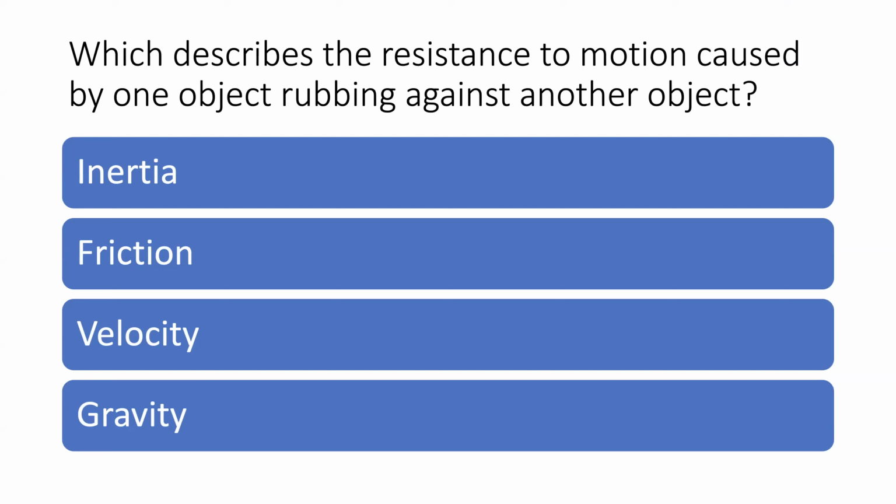Well, it's a resistance to motion, meaning that something is stopping an object from moving. If it's stopping it, it's not going to be gravity or velocity. It's going to be either friction or inertia, and it's going to be friction.